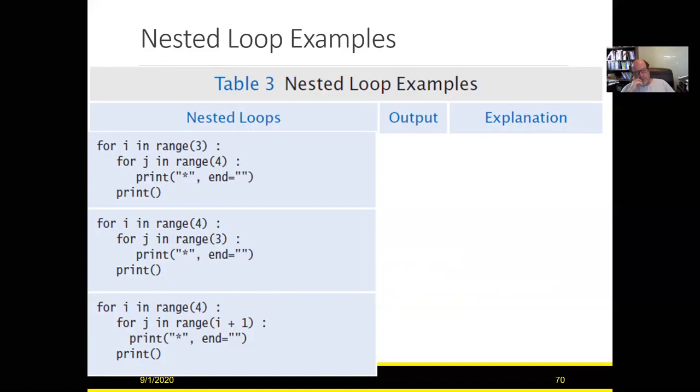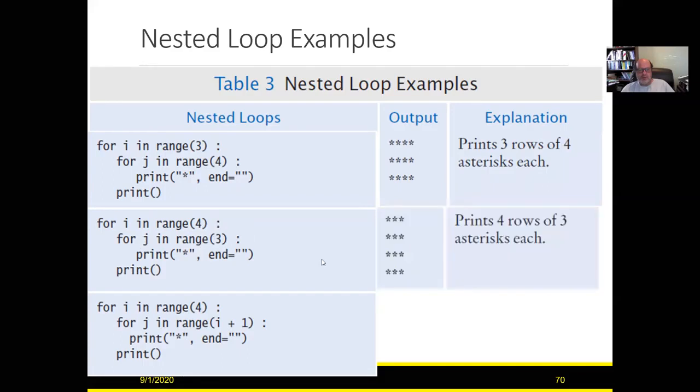So how many rows and how many columns do I have? I have 3 rows and 4 columns, starting with 0, 1, 2, and 0, 1, 2, 3, and then we're going to be printing stars. Okay, the next one says I range 4, J range 3, and now we're going to have 4 rows and 3 columns.